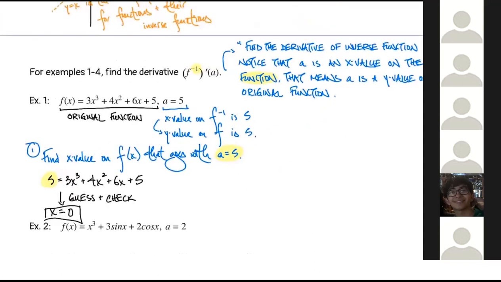Now that we found the x value that we're interested in, here's what we're going to do for step 2.